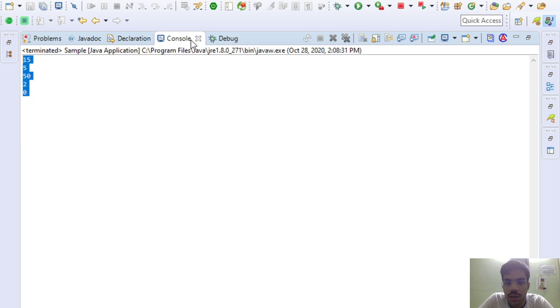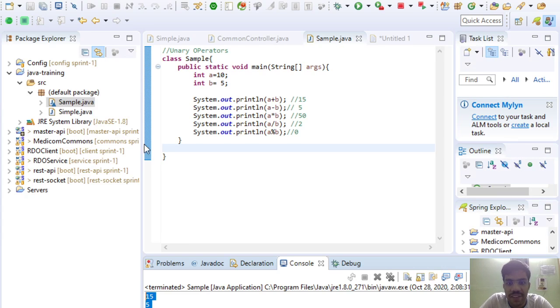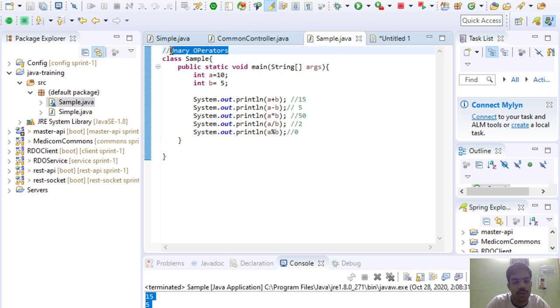Okay, let's talk about left shift and right shift. What is the difference from the logical operators? It is very easy. Don't panic. Left shift is used to shift all the bits in the value to the left by a specified number of times.